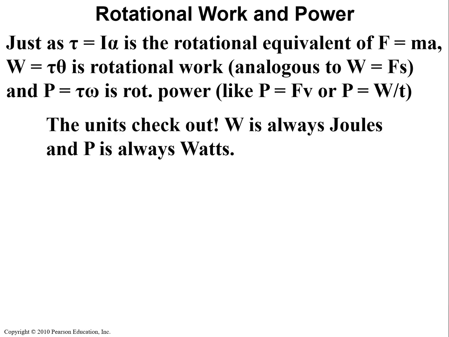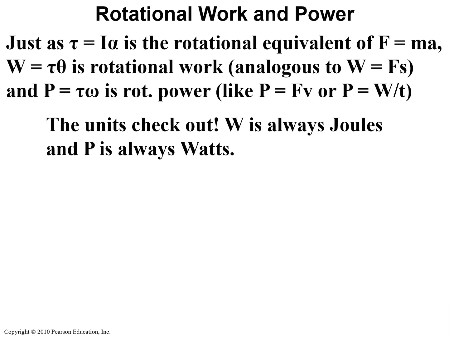And this is what you'd expect because work should always be joules and power should always be watts. Now, that might not be readily apparent when you look at tau theta, but let's remember that the units of tau, as discussed earlier in this lesson, are Newton meters. And of course, that's Newton meters as a vector, not a scalar. But still, it's Newton meters.